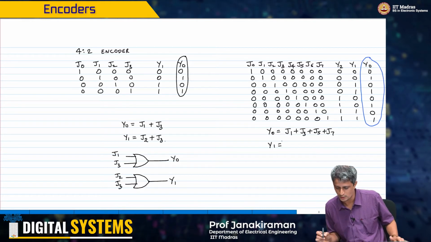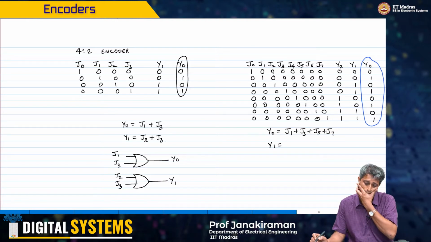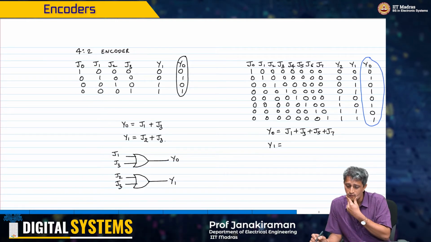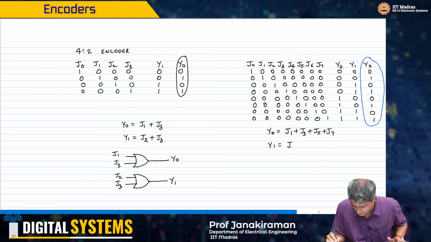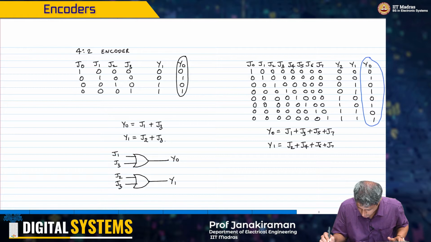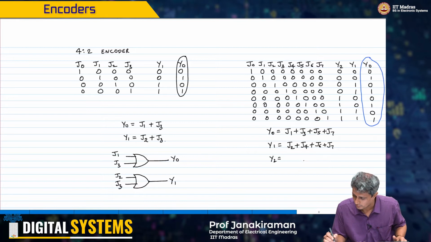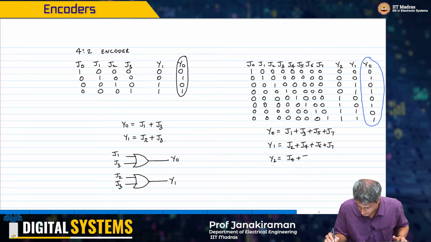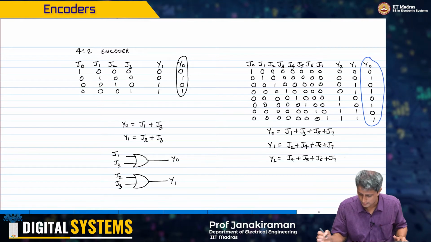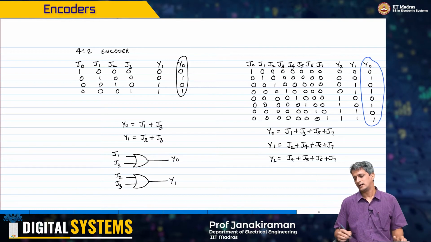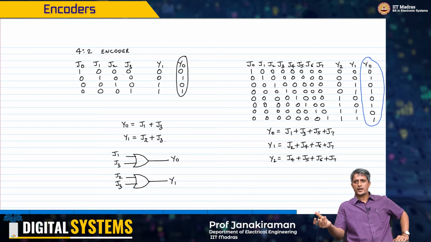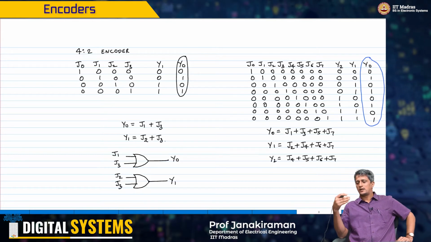Y1 is basically going high if you have J2, J3, J6 or J7. And Y2 is going to be one of J4 plus J5 plus J6 plus J7, right? Yeah, so again with a simple 4 input OR gate, you should be able to handle this encoding scheme.